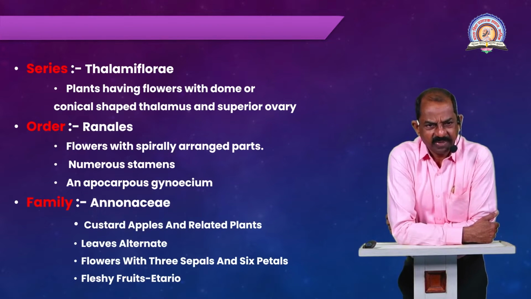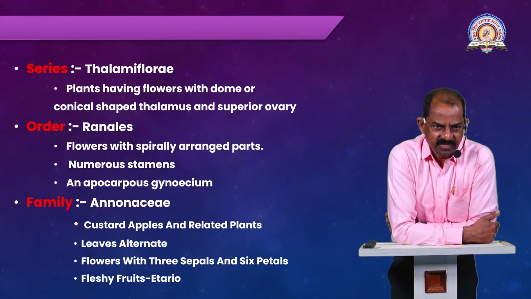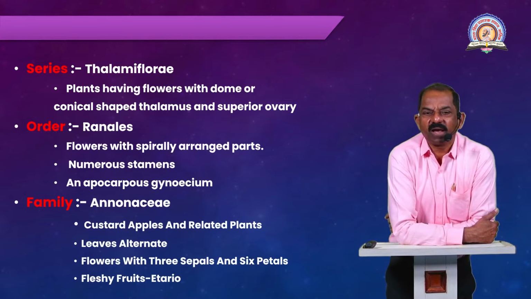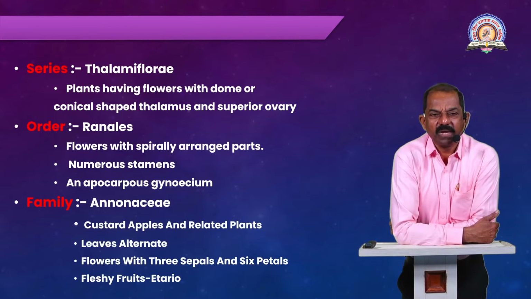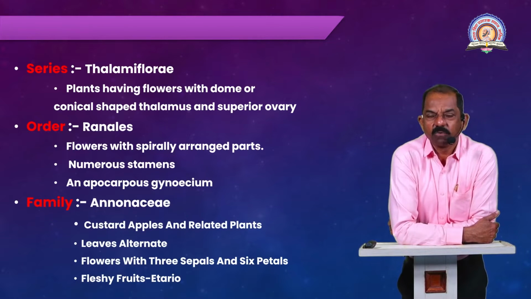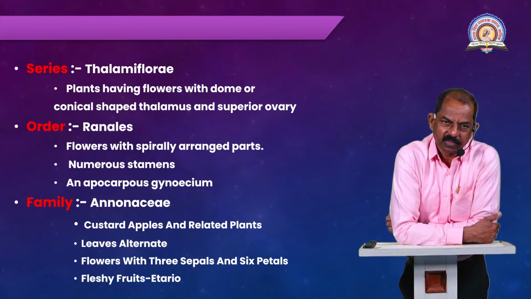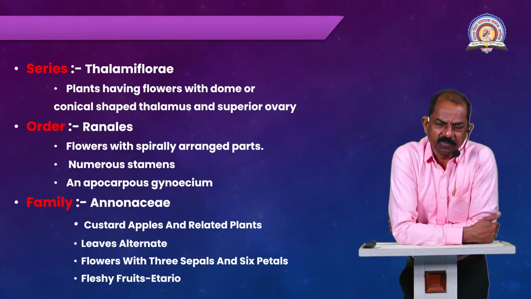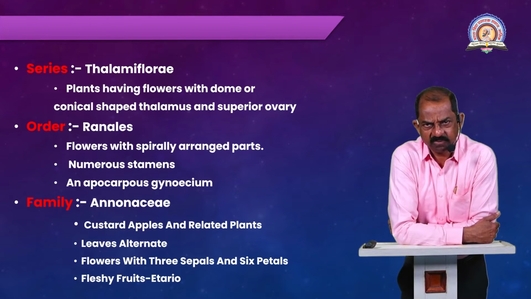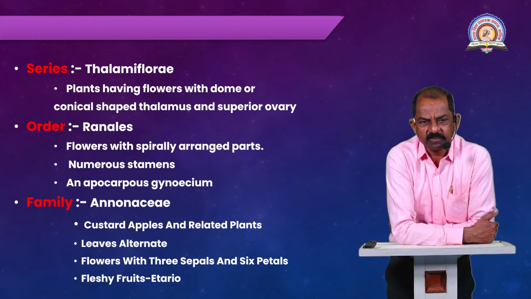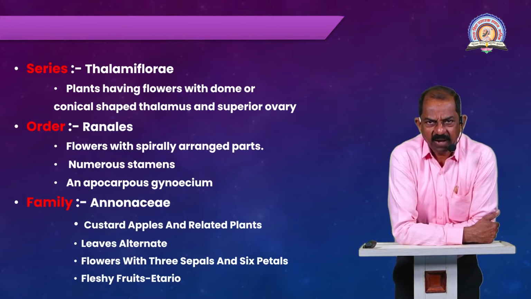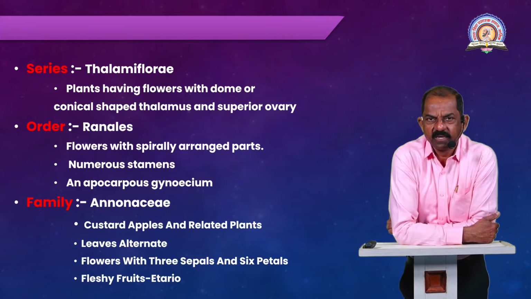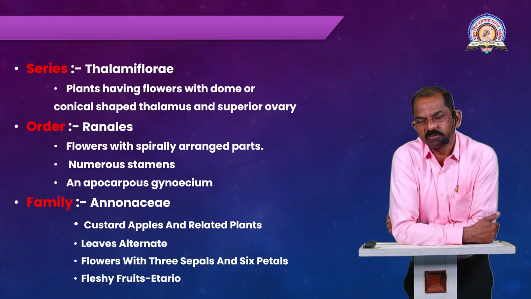Then the Polypetalae have a series, Thalamiflorae. Thalamiflorae are plants having flowers with a dome or conical shaped thalamus and a superior ovary. Yes, a conical or dome shaped thalamus is present at the base of the whorls of the flower. Such flowers are classified under the series Thalamiflorae, in which the ovary is superior.